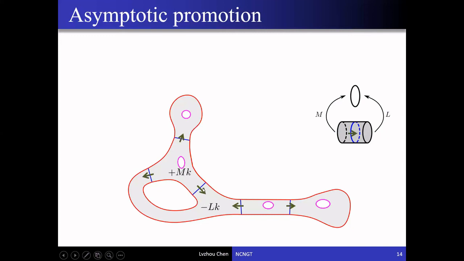If we follow the opposite direction of the co-orientation, then the winding number, once we transfer to the next piece, becomes the original winding number times L divided by M. And if we go in the opposite direction, then it is divided by L and multiplied by M.